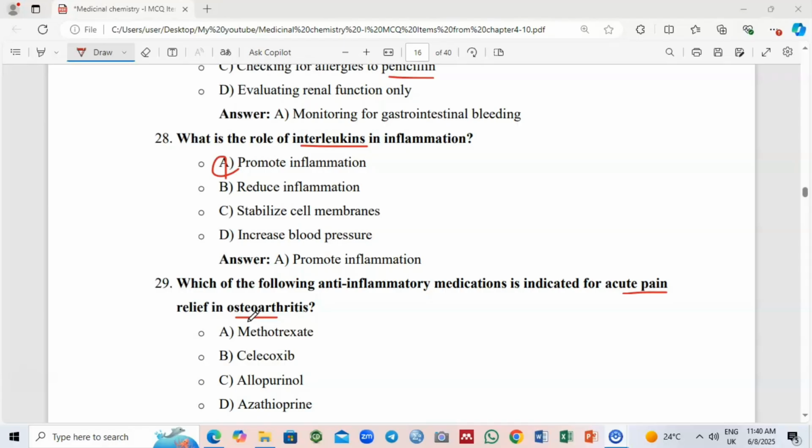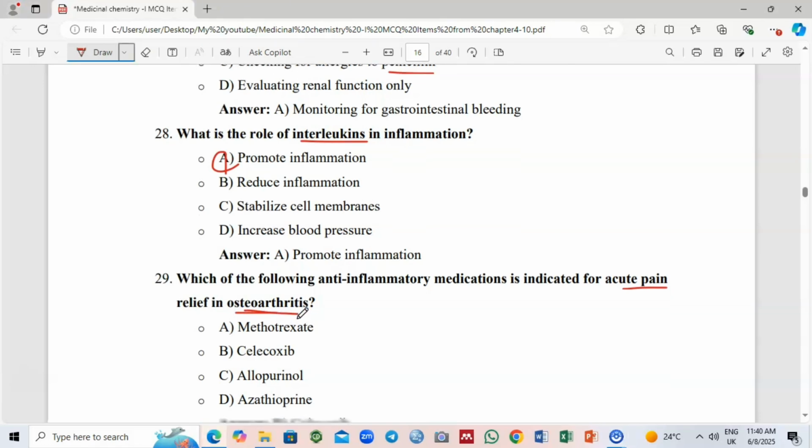It can have symptoms like joint pain, stiffness, swelling, and reduced range of motion. The causes may be associated with lifestyle factors like obesity, injury, and even genetics, which can lead to acute pain.